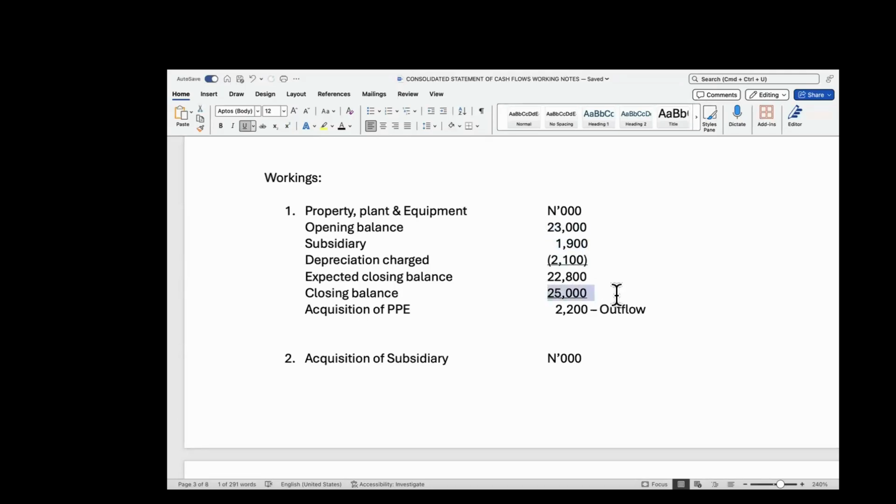No, I just used the example of PPE, sir, like all these assets we normally do. Like the one we did last week, they already gave us the movements. So the one you have said is also fine, in as much as you can align it with any additional information given in the question.